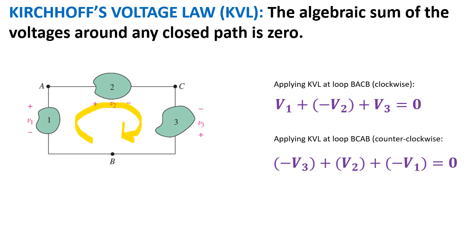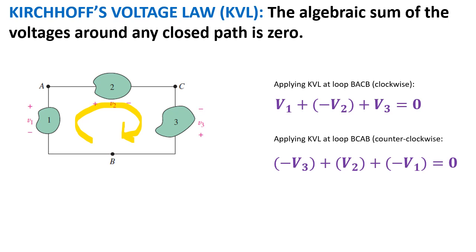Now, for a network or a closed loop like this, which can be seen on your screen, we have two options for applying KVL.